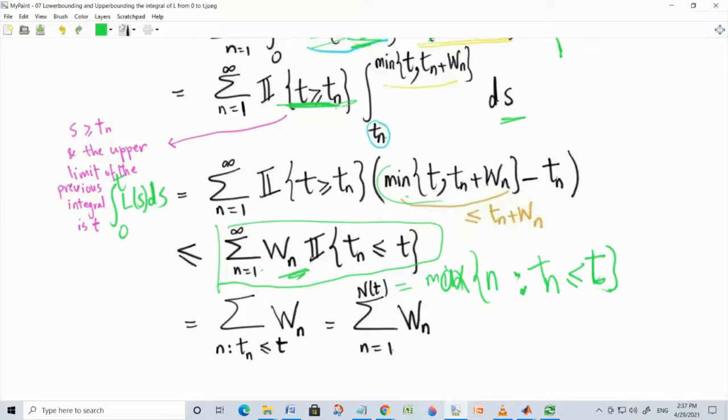So basically this summation with an indicator that Tn is less than or equal to t, rather than going from 1 to infinity, you can incorporate this indicator in here and sum n from 1, 2, 3 up to the n that satisfies that Tn is less than or equal to t. Well, by definition, this maximum n will be big N of t, which is the counting process of the arrivals. And so this is the upper bound, it's this summation here. Okay, any questions?